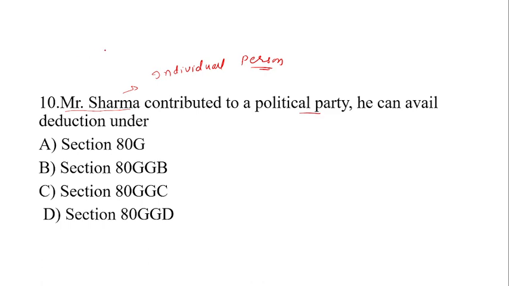Under which section will he get a deduction? Option A, section 80G; section 80GGB; section 80GGC; and section 80GGD. So what will be the answer? Let's pause the video, try it yourself, and then unpause the video. You will get the correct answer.